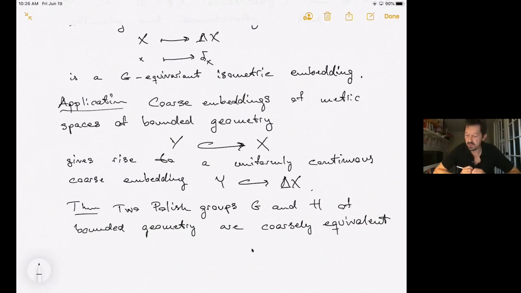Again, this is some discontinuous notion of preservation of geometry of the groups.